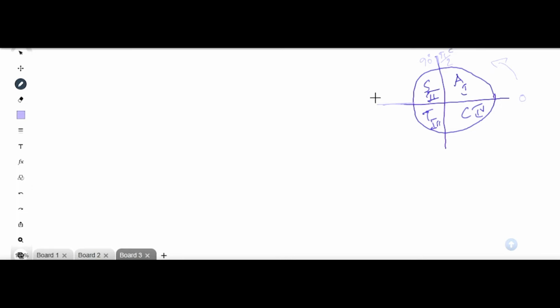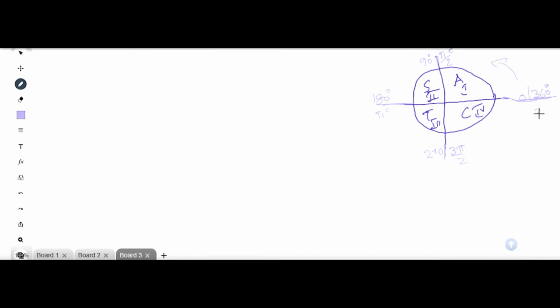That would be 180 and pi radians. Very good. So this one would be 270 and 3 pi by 2. Very good. So this would be 360 or 0.